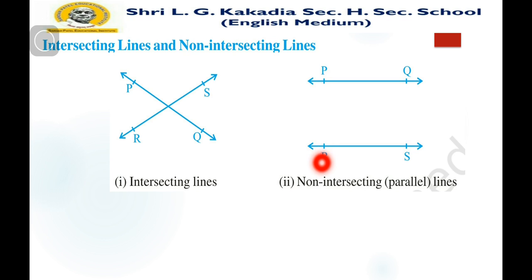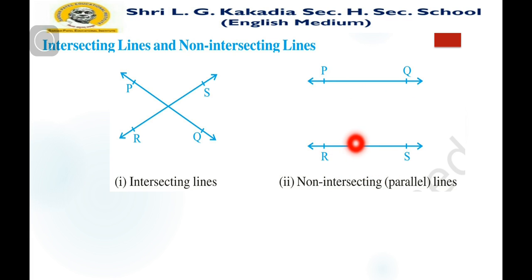But here, if you take perpendiculars at any two points between these two lines, the distance between the lines is the same, so they are non-intersecting lines.